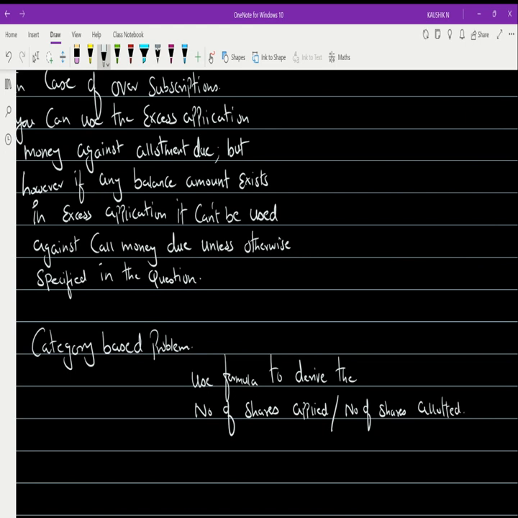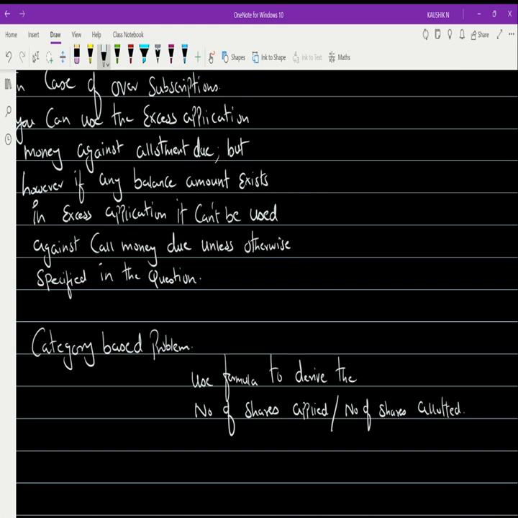For this, you need not mug up the formula. In oversubscription cases there is a formula, but you can just straight away derive it.